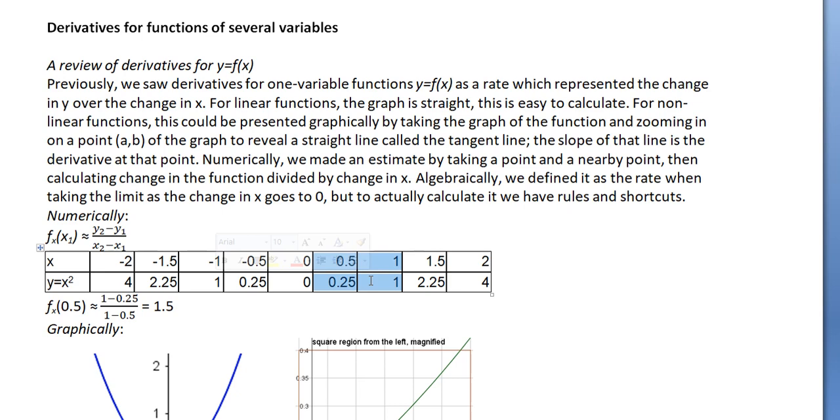This is for our function y equals x squared. We've got those 2 points, and then we calculate delta y over delta x. You get 1 minus 0.25 over 1 minus 0.5. Calculate that, and you get 1.5. That's an approximation, the rate between those 2 points, and we'd say that's approximately the rate at the point x equals 0.5.